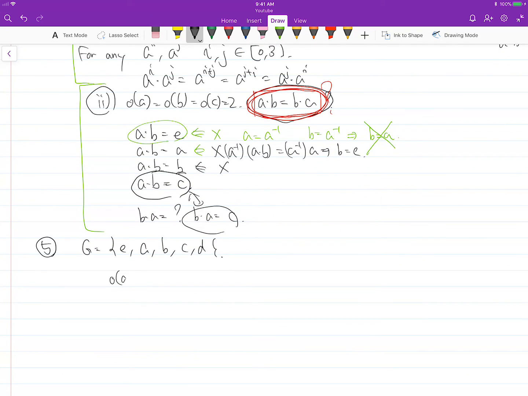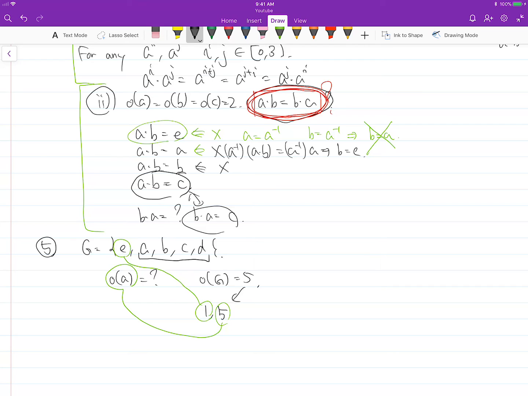So we are going to consider what the order of A is, or any of these 4 elements. Since the order of the group is 5, the only divisors are 1 and 5. And again, 1 is only reserved for the identity element. So the order of A has to be 5.